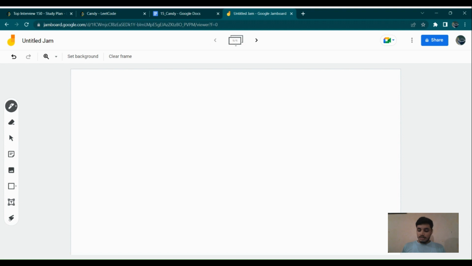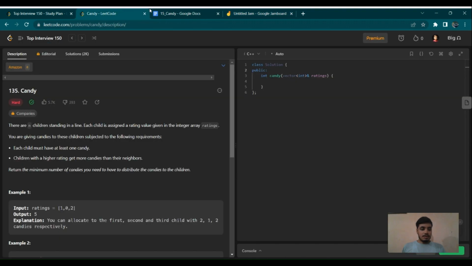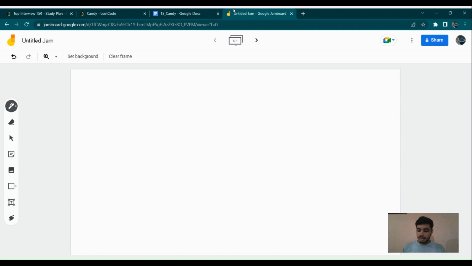So here you can see in our first example we have 1 0 2. So let's take the first example, and the example is 1 0 2. It means that the first child has rating 1, the second child has rating 0, and the third child has rating 2. So the first requirement is to give at least one candy to everyone.